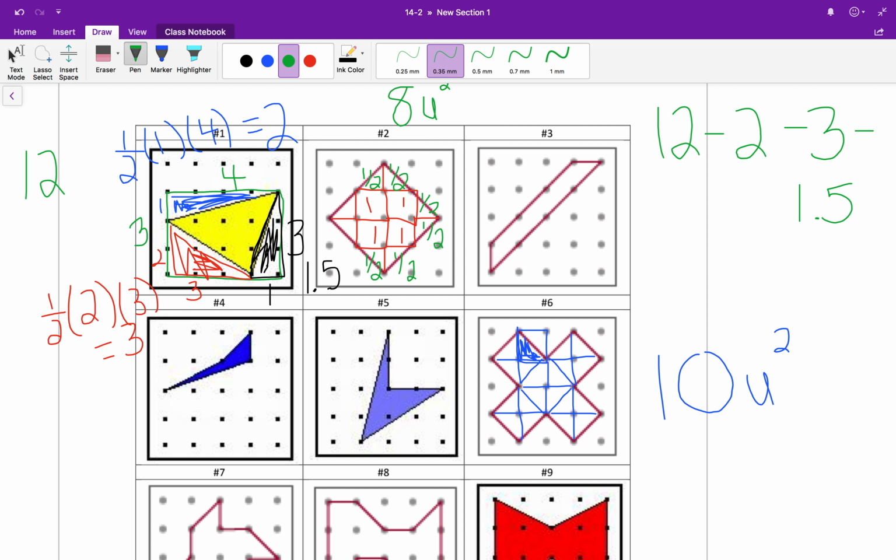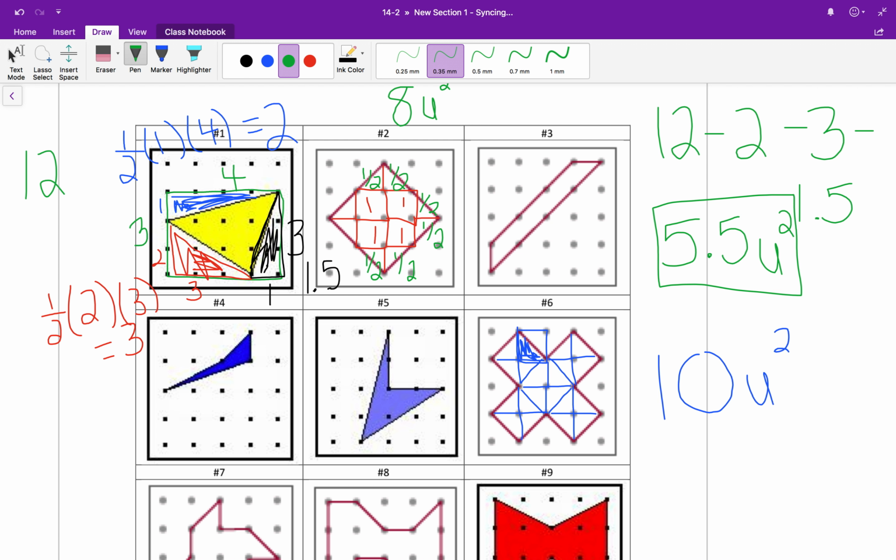So if I subtract 12 minus 2 minus 3 minus 1.5, I'm going to end up with 5.5. So that is my answer. 5.5 units squared is my answer for 1.